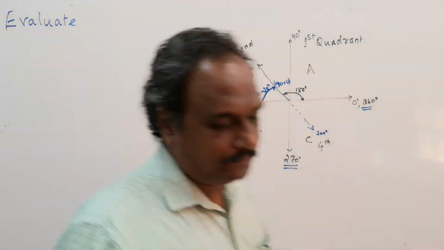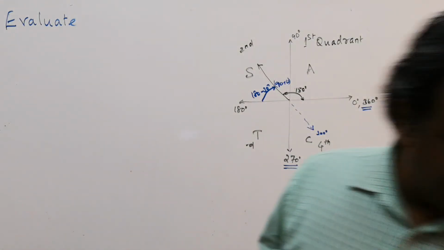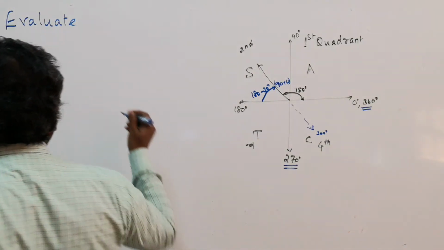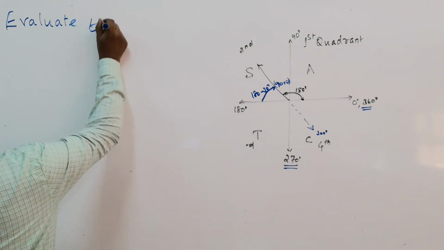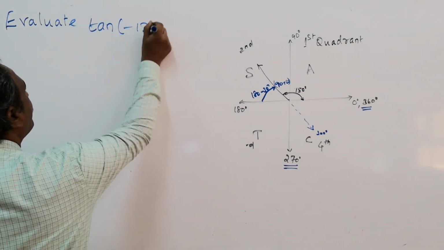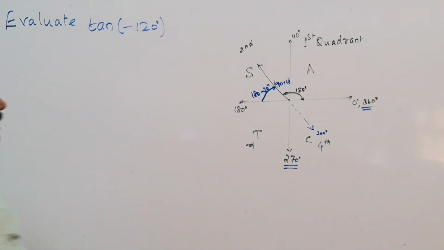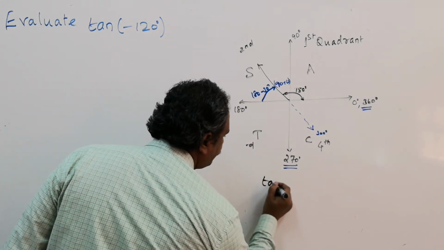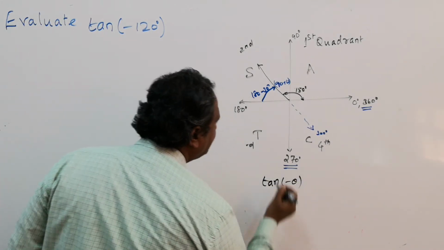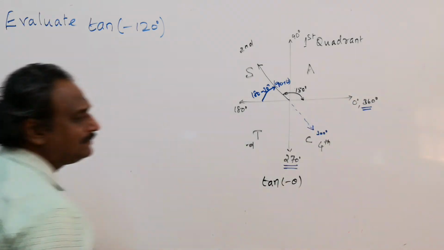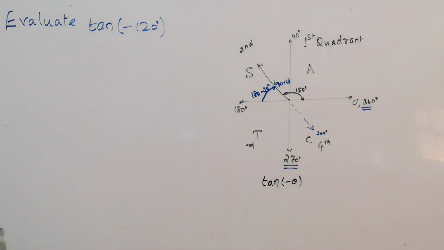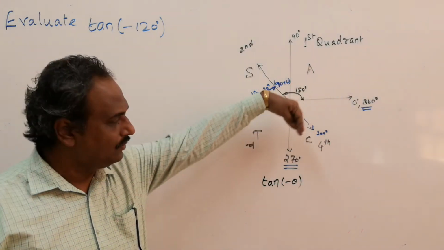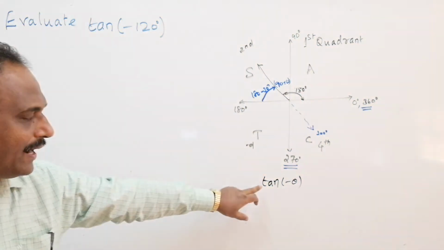For example, what is tan minus 120? We know that very well. What is tan minus theta? Minus theta is nothing but 0 minus theta, that means this will go in the fourth quadrant, going down.